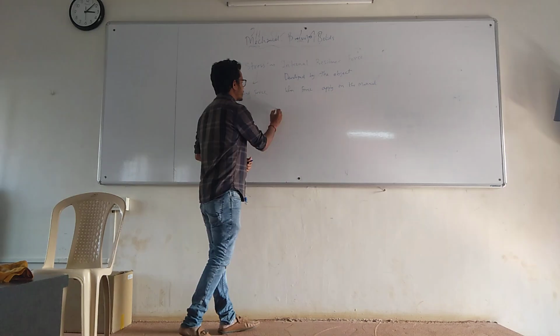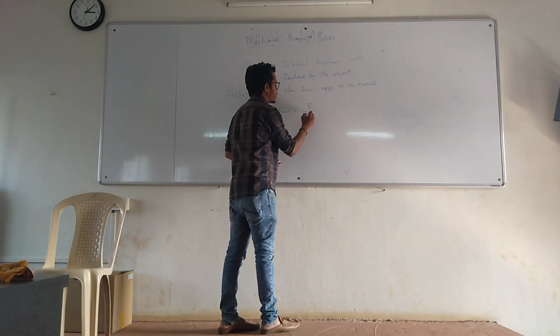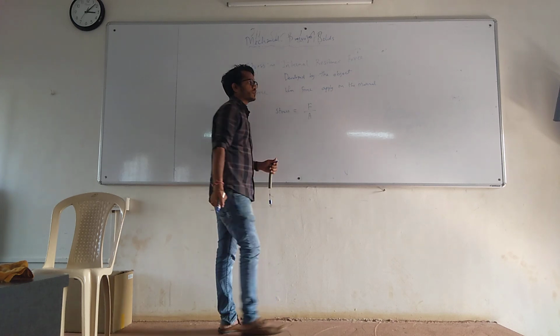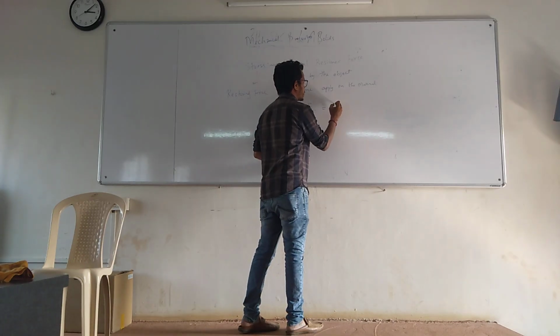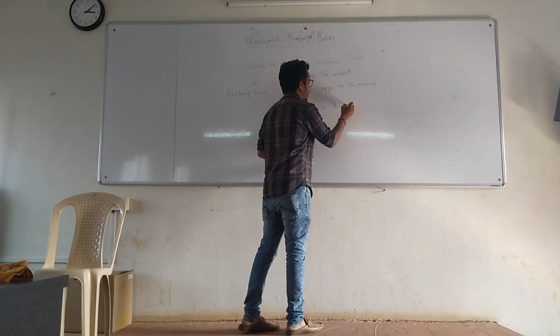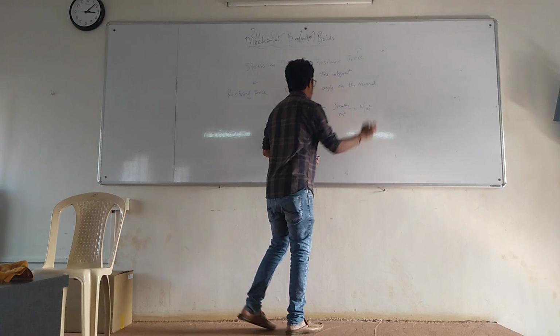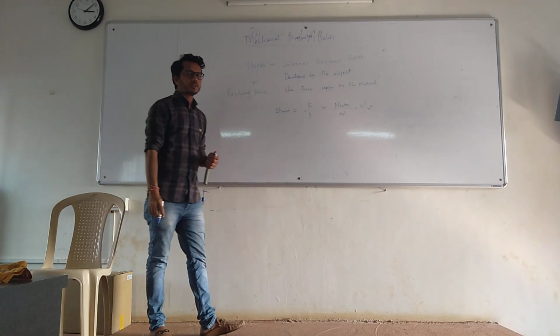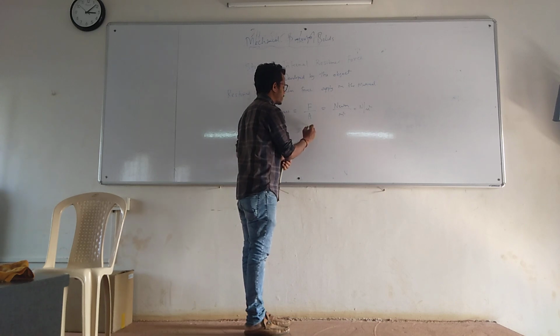So the formula for stress is the restoring force divided by the cross-sectional area. The unit of stress: force unit is Newton and area is meter square, so Newton per meter square is the unit of stress. Its dimensional formula: force is mass into acceleration, and area is meter square.